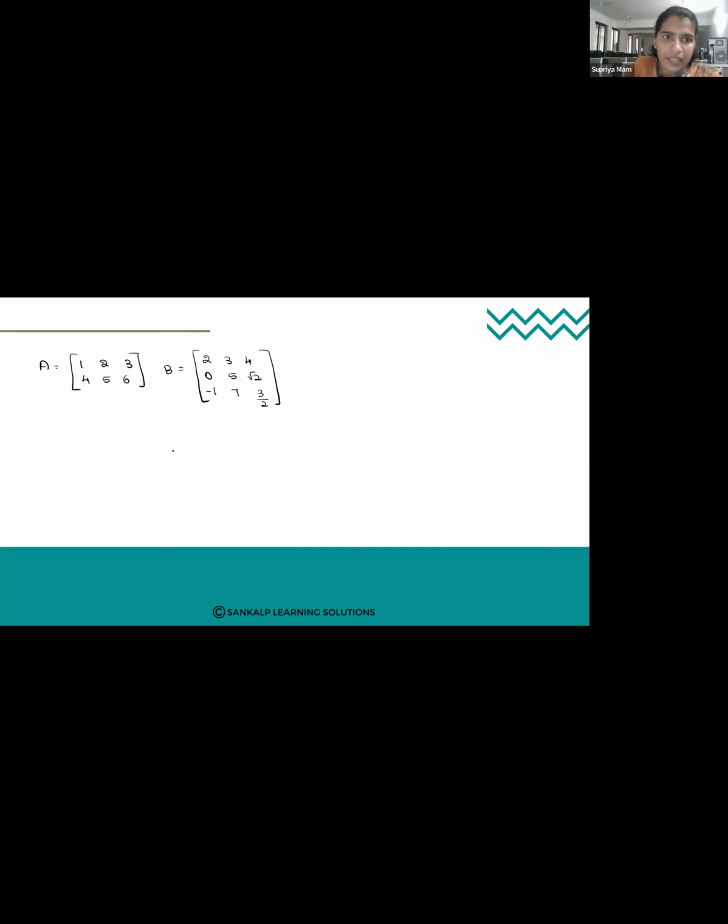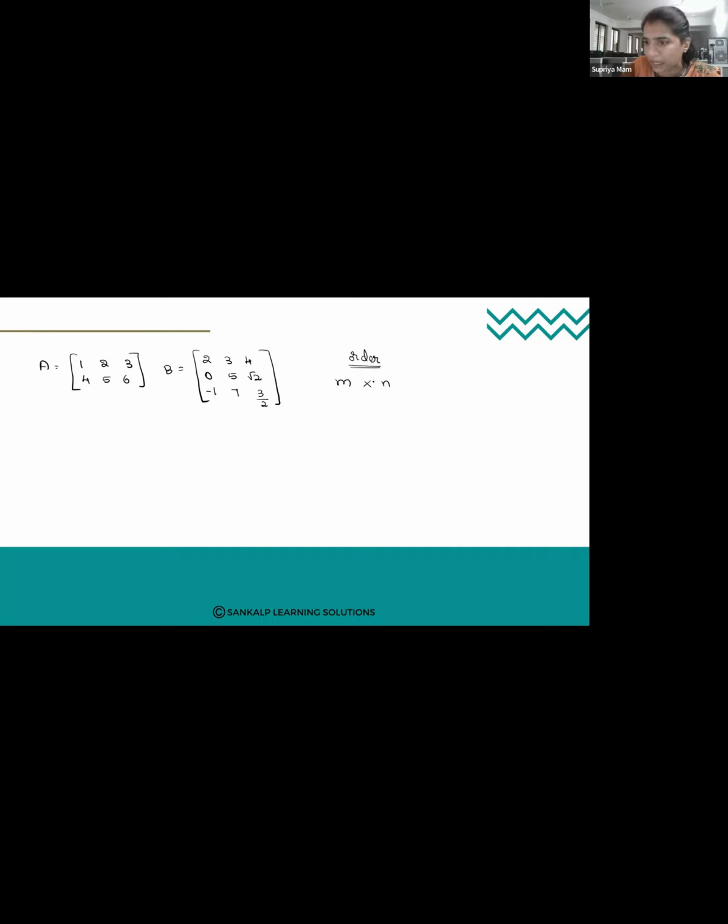Now, in general, if I consider a matrix with m rows and n columns, we can say that order of the matrix is m by n.